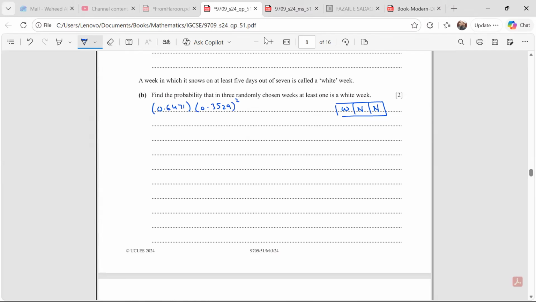And how many such combinations are possible? Of course, there are only three combinations: WNN, NWN, NNW. Three combinations, and that comes from 3 combination 1.